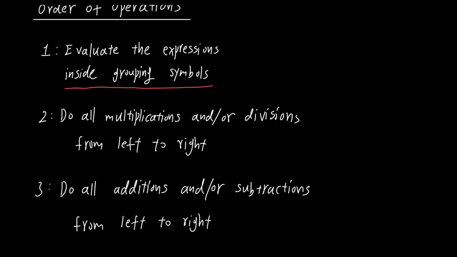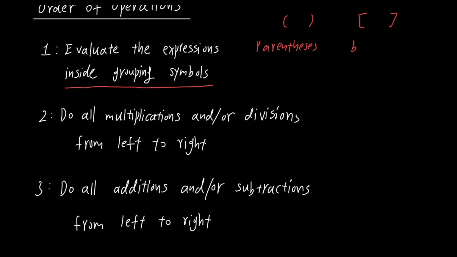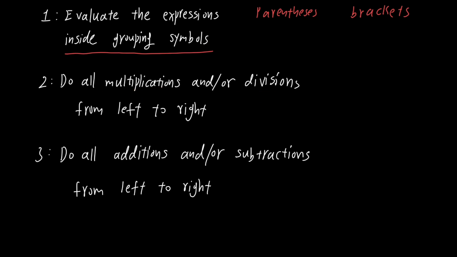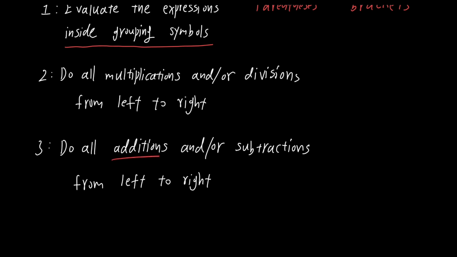Grouping symbols means parenthesis, and here's another symbol for grouping, called brackets. Whenever you see these two, they are called grouping symbols. For the second rule, do all the multiplications or divisions from left to right. And the third rule is do all additions and or subtractions from left to right.